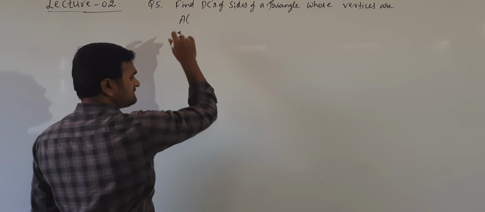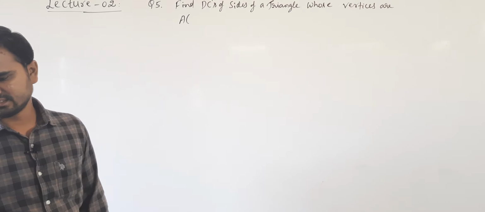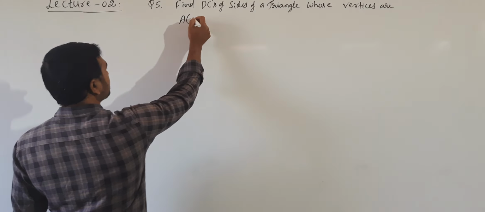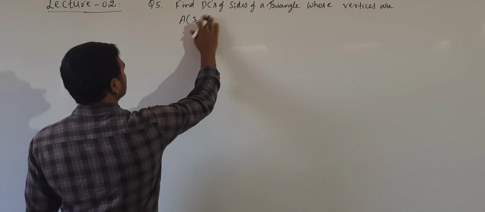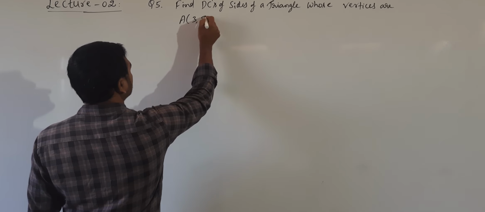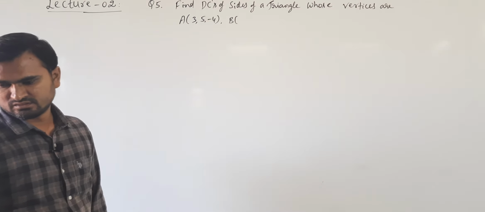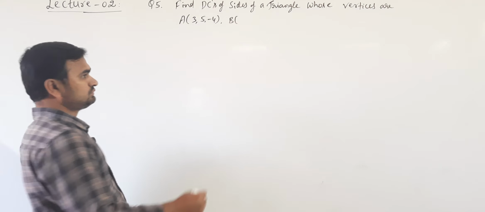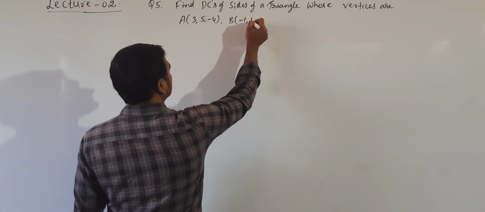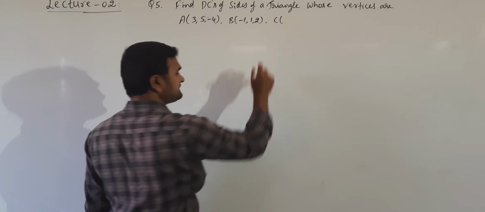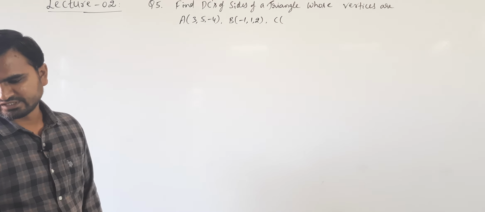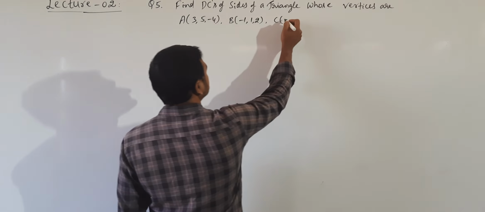I'll take the points as A, B, C. A is 3, 5, minus 4. B is minus 1, 1, 2. And C is minus 5, minus 5, minus 2.